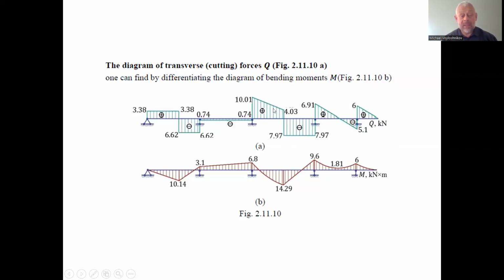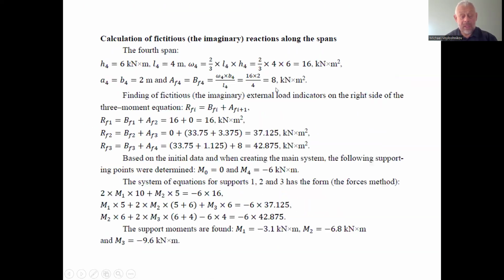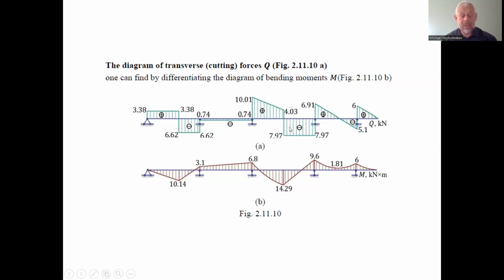This part consists of two segments. Actually, we could have a magnitude of 4.03 evenly distributed, but if not, we have distributed force on this span and we have a concentrated one. The concentrated force causes the step in the diagram of the shearing forces, but the inclined part of the diagram of shearing forces corresponds to the action of the distributed load.